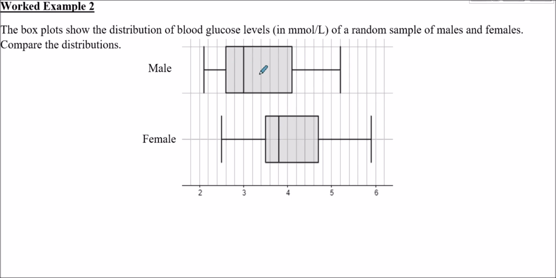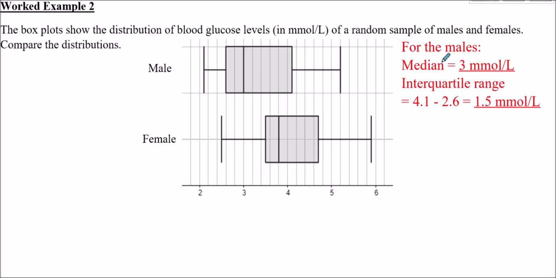So first of all, let's compare the medians. For the males, the median is 3, as you can see here, and the interquartile range, this one would be 4.1, and this value here is 2.6. 4.1 take 2.6. For the males, the interquartile range is 1.5.